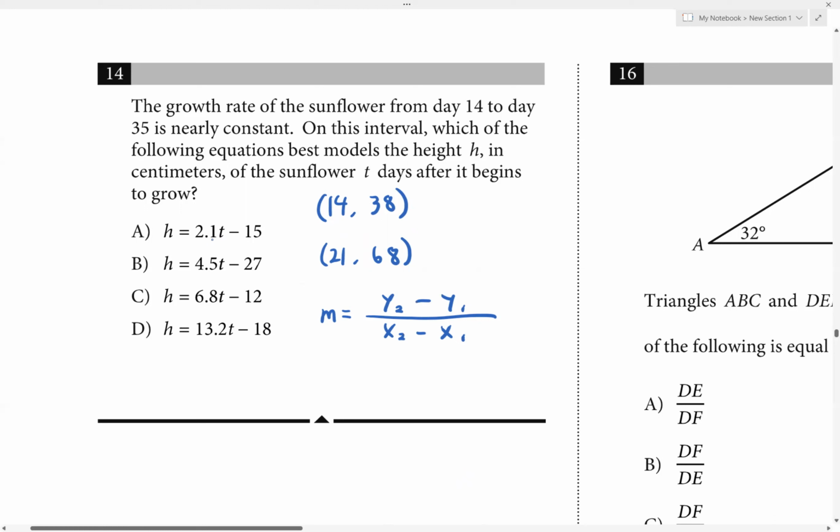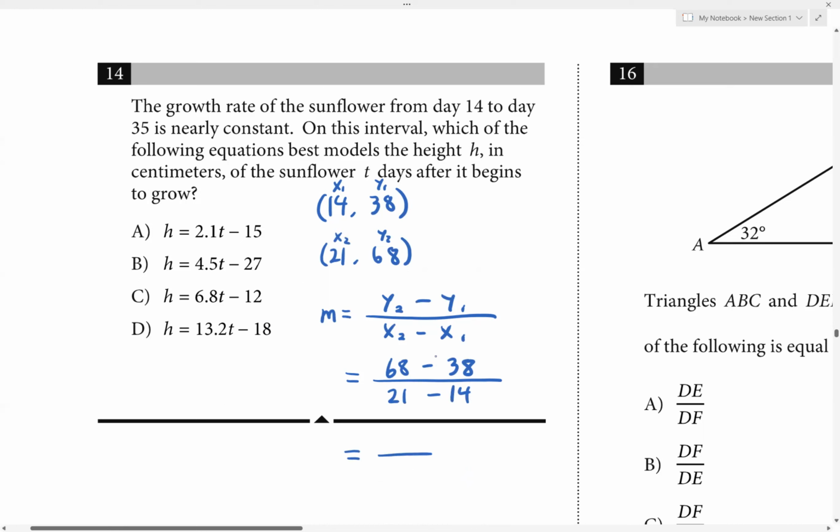So plug in and solve. If you want, we can label these x1, y1, x2, y2. So y2 minus y1 is 68 minus 38, over x2 minus x1, which is 21 minus 14.